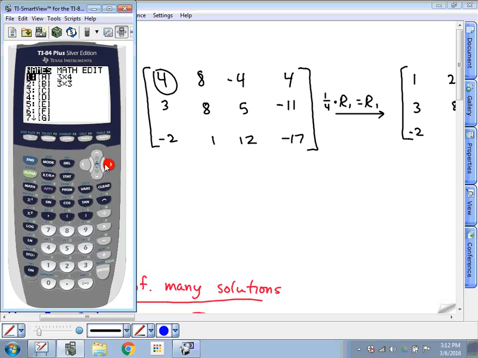Now go back into the matrix menu, math, and go to REF, that stands for row echelon form. I want the row echelon form for matrix A. We get z equals -2, and then from the rest you could get the rest of the values like we did in that example.